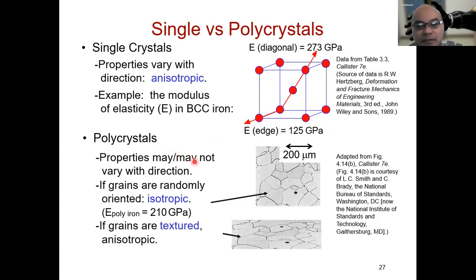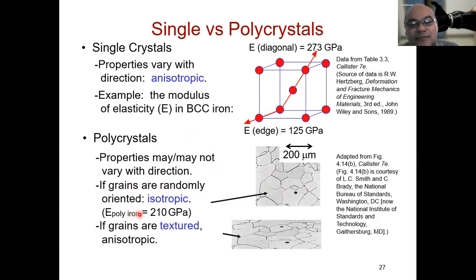Polycrystalline, on the other hand, the properties sometimes can vary with direction, but may not vary with direction, depending on the crystal orientation and the shape. If the grains are randomly oriented, then they become isotropic like this. More or less globular in shape, with different orientations from one another, but as a whole they become isotropic.